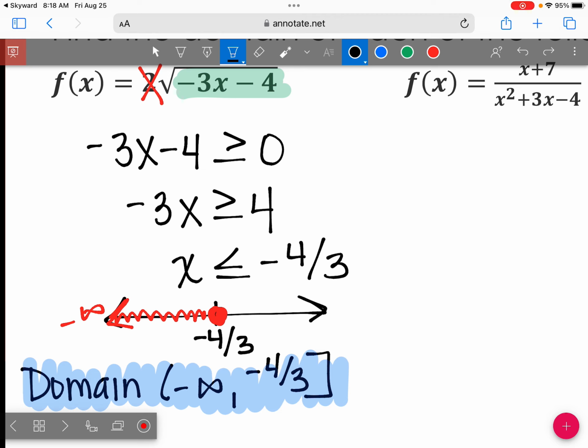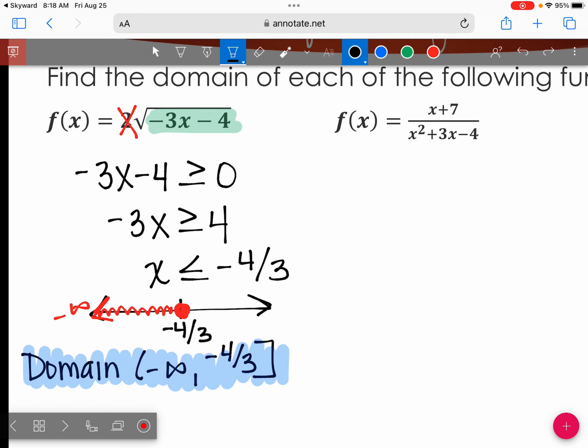I love questions. All right, number 2, we have a quadratic. So we need to factor this down first. In order to factor that, we need 2 numbers that multiply to be negative 4 and add to 3.